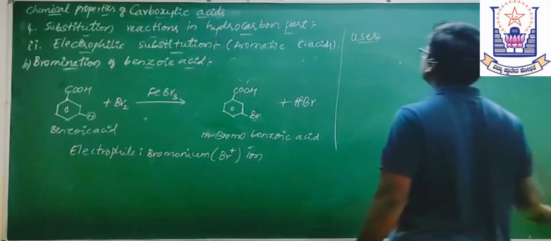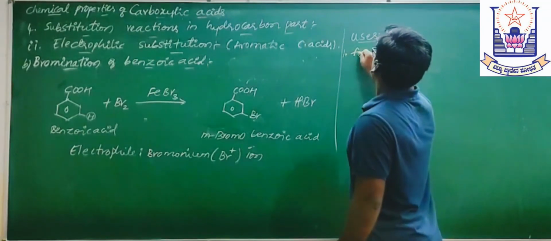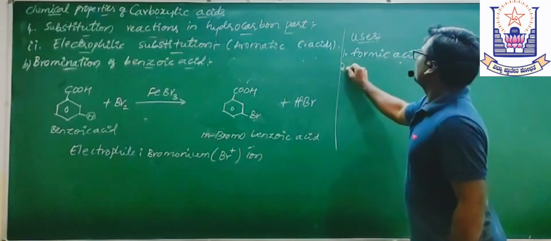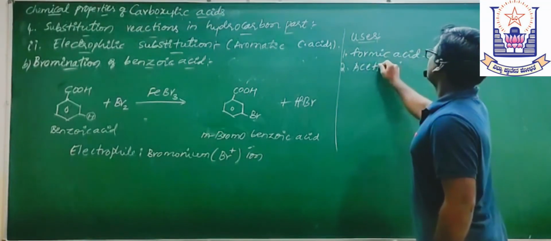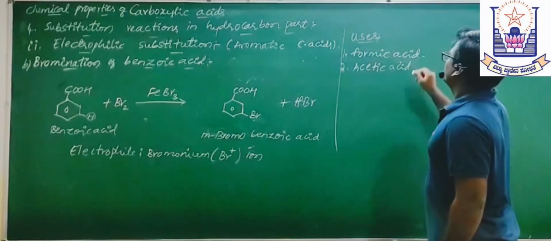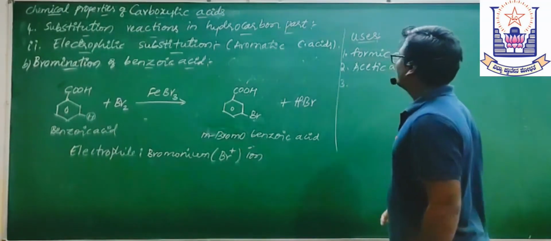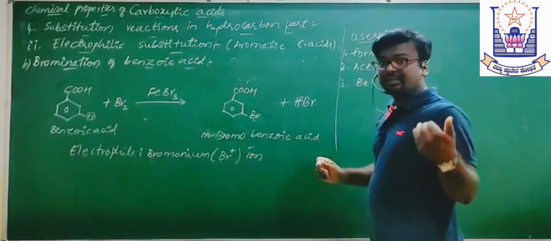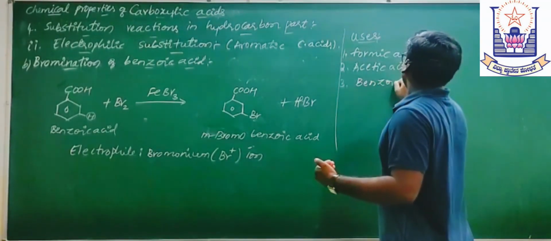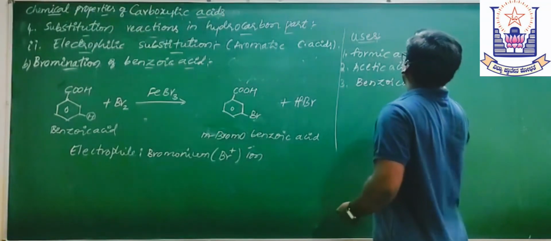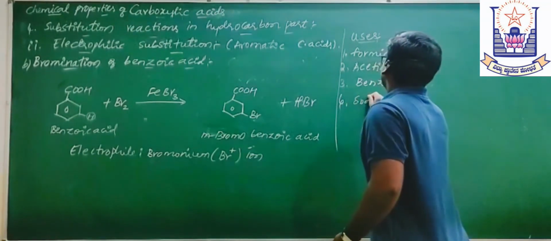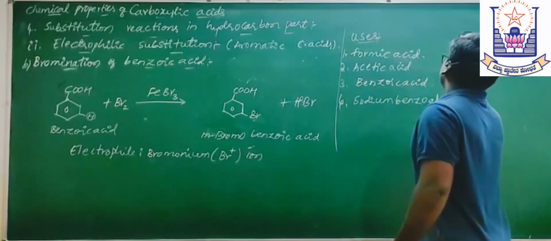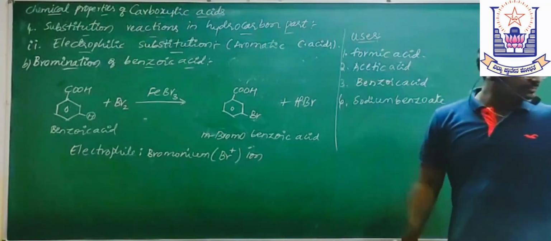Here we have to discuss the uses of formic acid, the uses of acetic acid, then the uses of benzoic acid, and here the very important one is sodium benzoate. We need to discuss the uses of these.